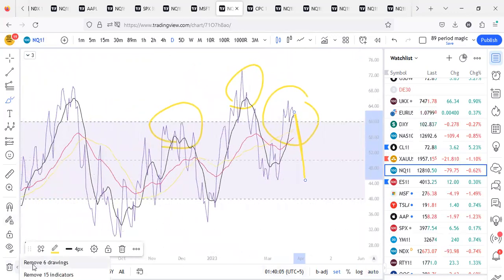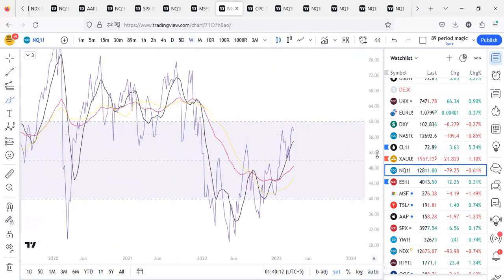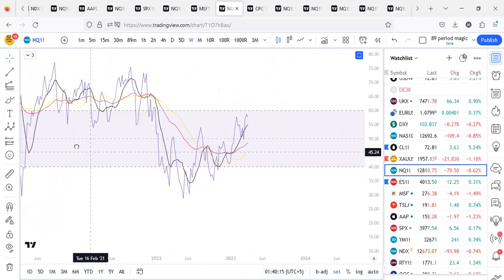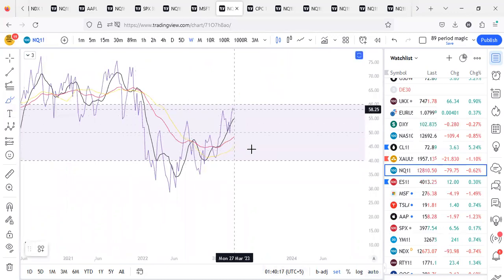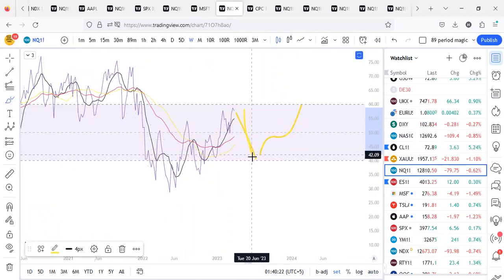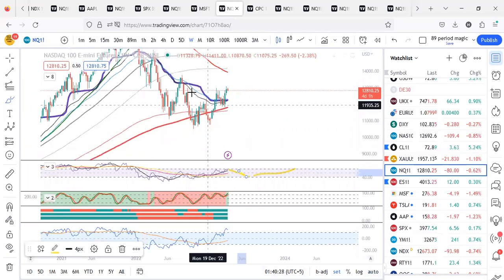I think RSI on Nasdaq RSI, sorry, it will come here and then it will go up. When the RSI will decline to here, the price will decline a lot, equal to this magnitude.